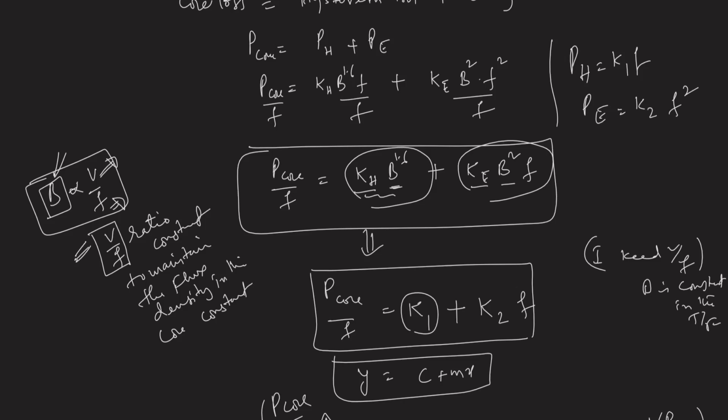If I multiply with the rated frequency, then I get the hysteresis and eddy current losses at the rated supply voltage and rated 50 Hz frequency. So this gives me the hysteresis and eddy current losses at rated condition. Okay, any doubts?